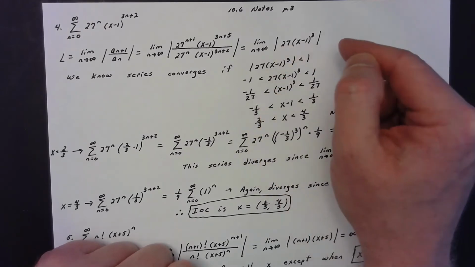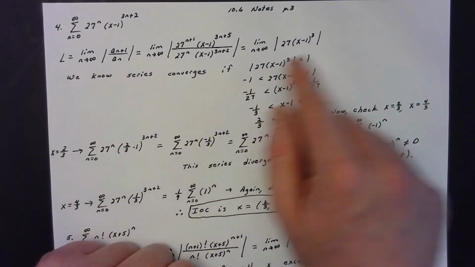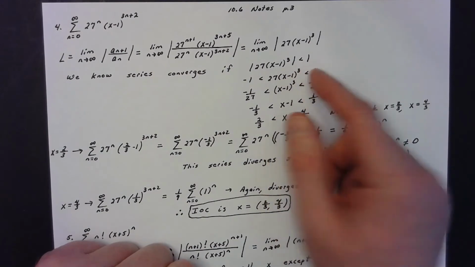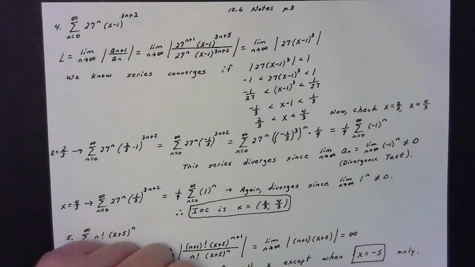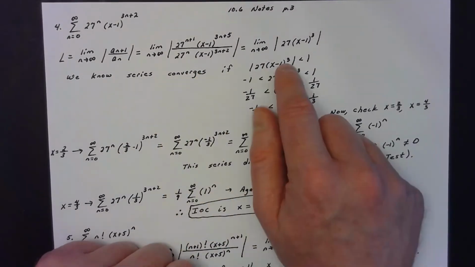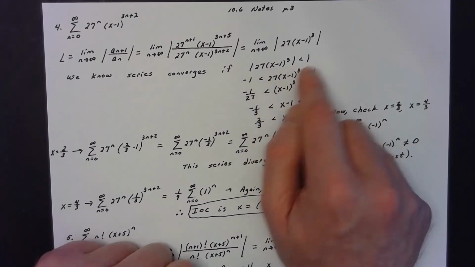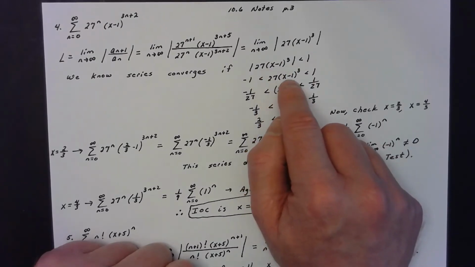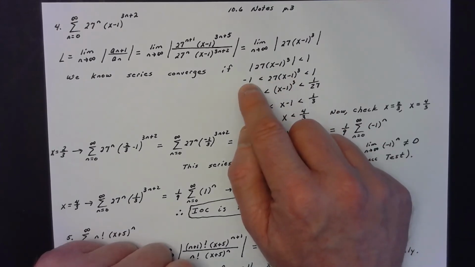Now, what the ratio test tells me is that anytime L is less than 1, your series is going to converge. It's when it's equal to 1 that it's inconclusive. So clearly this series is going to converge if what's inside this absolute value is less than 1, which means 27(x minus 1) cubed is less than 1 and greater than negative 1.